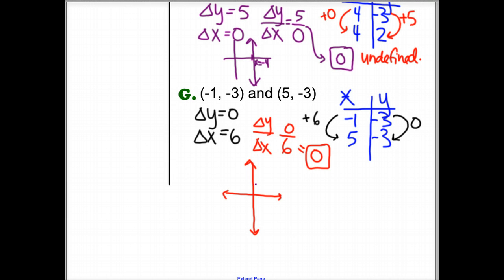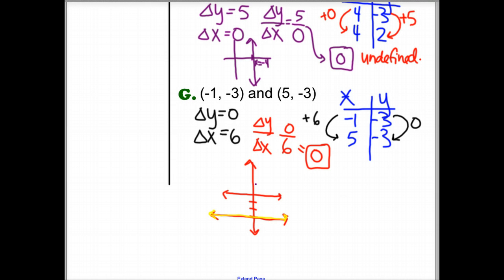So all of our y values are at -3. 1, 2, 3. Here's -3. This is what our line would look like. So this line right here, I'll highlight it in yellow. This is our line at y equals -3. So our x values are changing now, and our y values are staying the same.